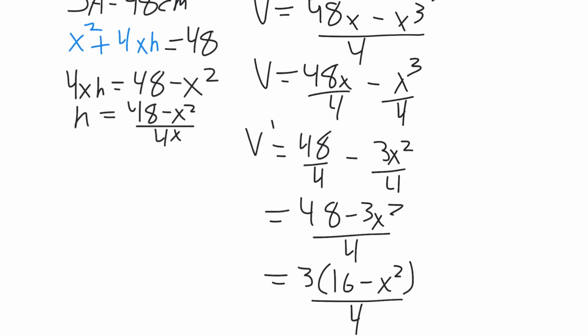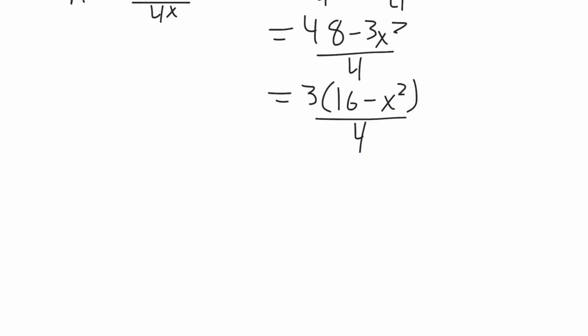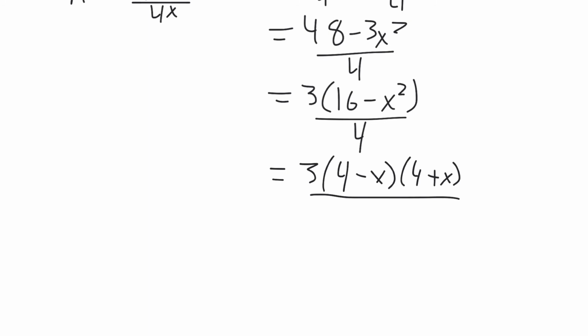Now, let's take a look at what we have. 3 times (16 minus x squared) over 4. That can be factored a little bit further. Doing so will give us 3(4 minus x)(4 plus x), all over 4. Now, we're going to take advantage of the sign diagram here. So what we've been working with is actually V prime of x. And we can draw a sign diagram for it as follows.